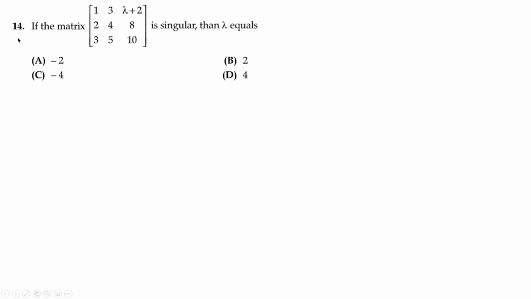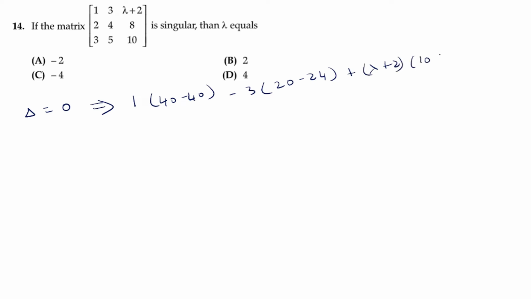The next question, if this matrix is singular, lambda equal to. If this matrix is singular, it means the determinant of the matrix is 0, delta equal to 0. So let us find the determinant. Expanding along the first row, we get 1 into 40 minus 40 minus 3 into 20 minus 24 plus lambda plus 2 into 10 minus 12.